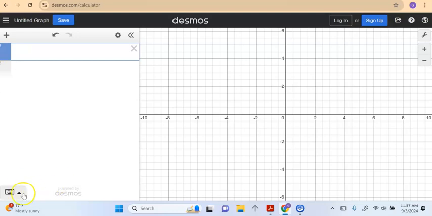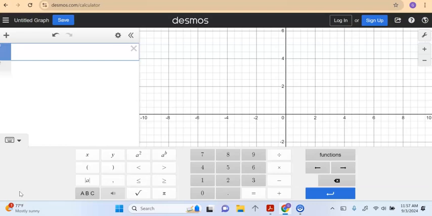So first of all, with Desmos, you probably want to show the keyboard. So you see how you can do that. And this is our formula bar. So we're going to make a function y equals, and let's put y equals x squared here. So you have x.